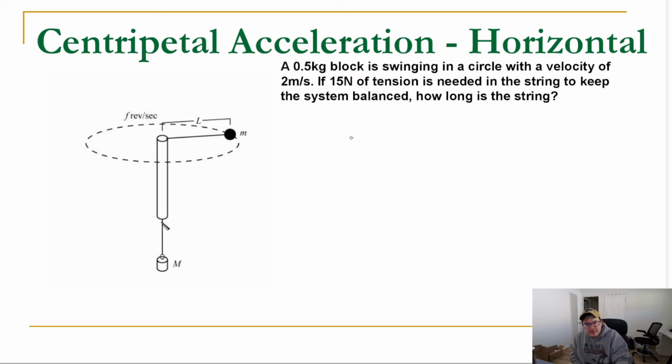So we got a 0.5 kilogram block swinging in a circle, velocity of 2. Tension is 15 newtons. How long is the string? So we're looking for the radius here. We don't know the radius. We do know all of our other pieces of information. So I'm going to go back to my question from earlier.